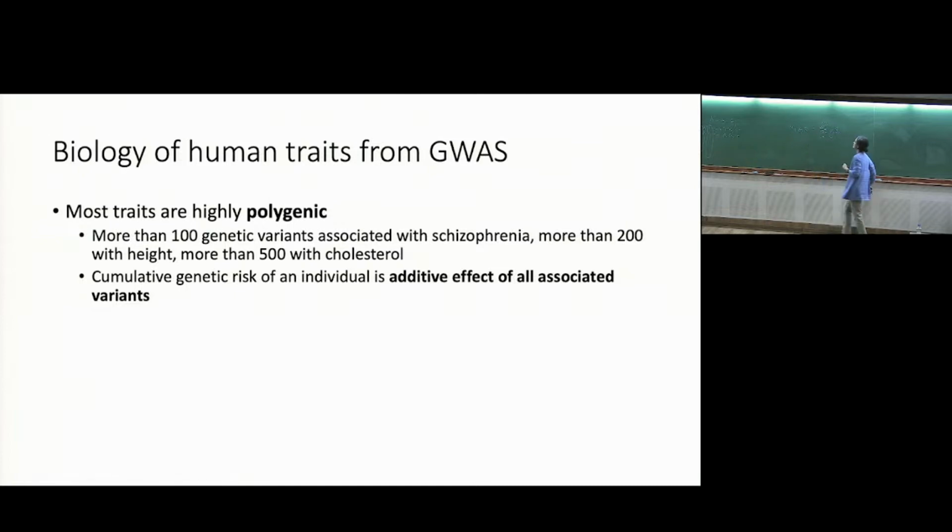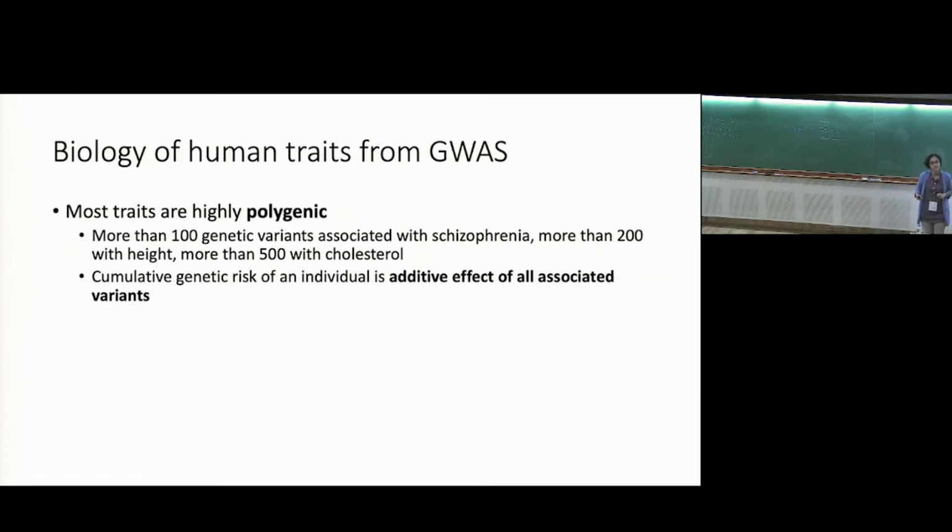Okay, so let's say I care about cholesterol. Let's say a GWAS of cholesterol has given us 1,000 genetic variants associated with cholesterol levels. So my genetic risk will be my genotype at those 1,000 variants, weighted by the effect size of those variants. This is what we were calculating yesterday. Okay, this is how we calculate what's called the genetic risk score.